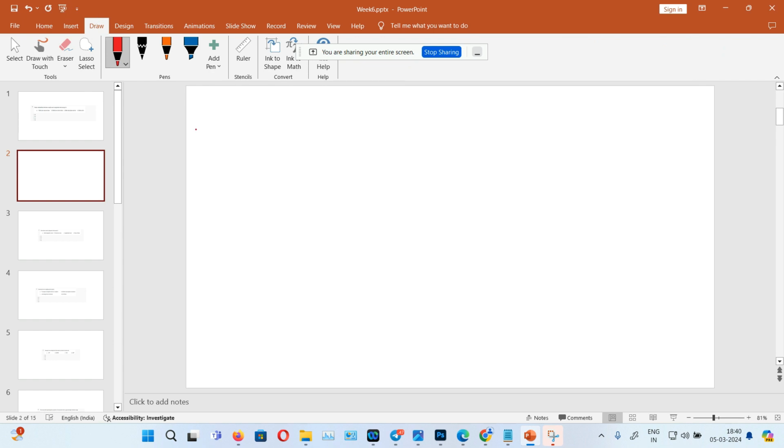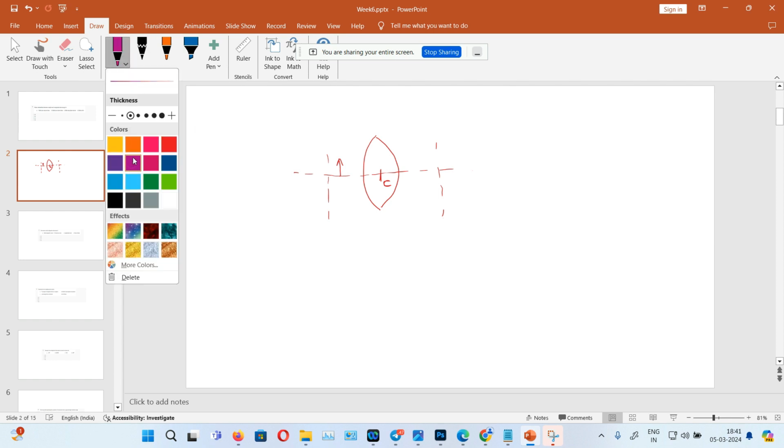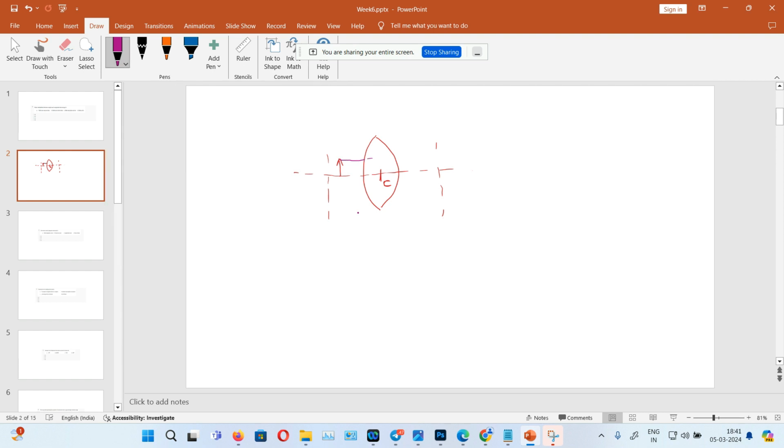If a convex lens is kept very near, in between the focal point and the optic center of the lens, the light ray coming through passes through the focus, and the light coming to the optic center passes straight under it.